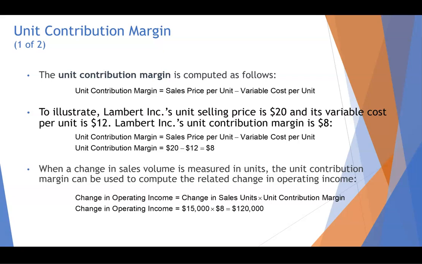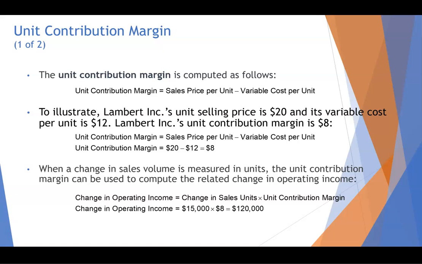The unit contribution margin gets computed by sales price per unit minus the variable cost per unit. So if their selling price is $20 and the variable cost is $12, then the unit contribution margin is $8 per unit to apply to fixed costs. We can say the unit contribution is the sales price minus the variable cost.